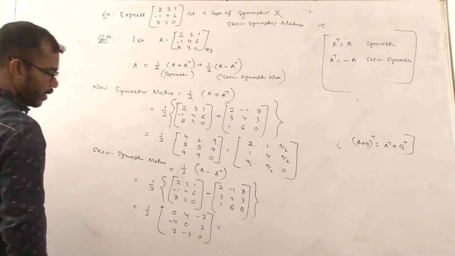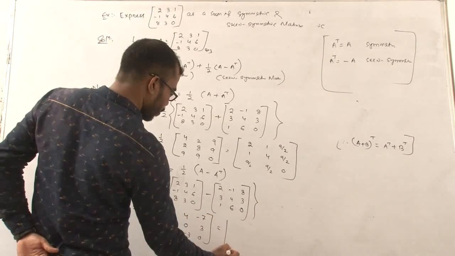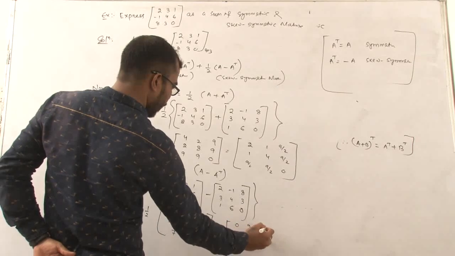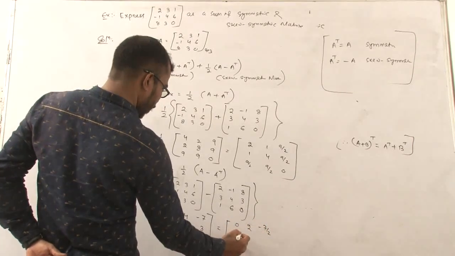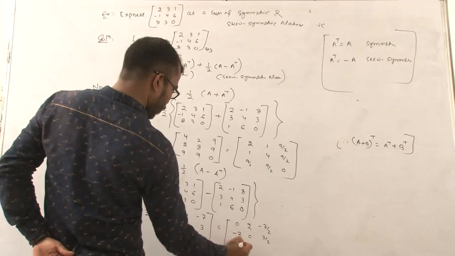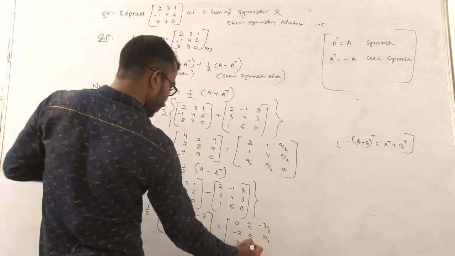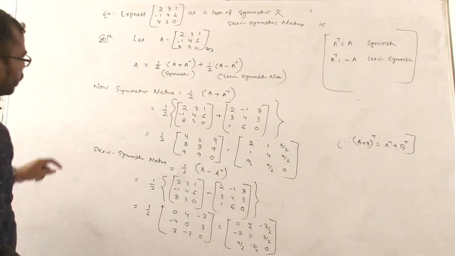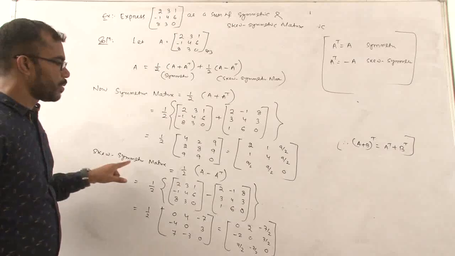If we multiply by half, we get 0, 2, minus 7 by 2, minus 2, 0, minus 3 by 2, 7 by 2, 3 by 2, and 0. So here we found the skew symmetric matrix.